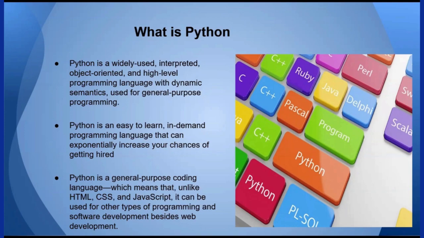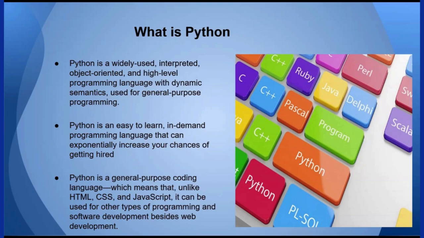So when you Google what is Python, the very basic definition that you will get is that it is a very widely used, interpreted, object-oriented, high level programming language with dynamic semantics, and it is used for general purpose programming. It is very easy to learn. It is an in-demand programming language, right? So these are the things that you will get. But what do you mean by that, right?